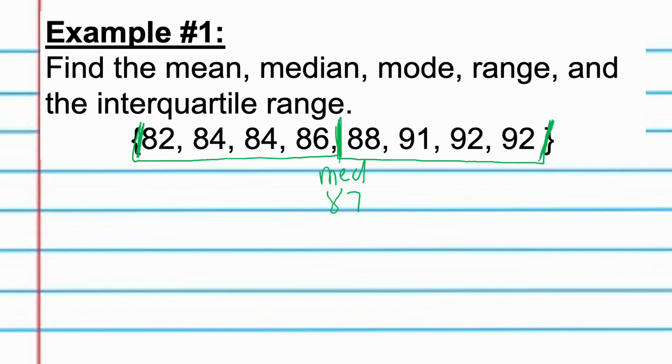But what we need to do is find the quarters. We need to set it up and break it down into quartiles. When we're representing that, quartile 1 is represented as Q1. We also need to find quartile 3.